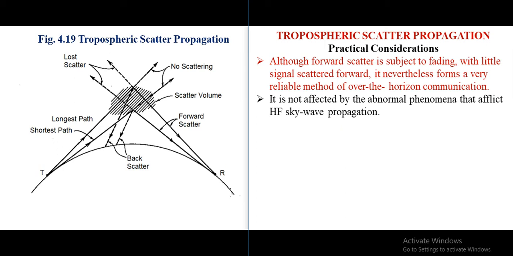We cannot actually place the antennas. The point here is very simple. In skywave propagation, the variations take place in the ionospheric layer. The height of the ionospheric layer changes because of the sun's intensity, and hence it affects the communication.